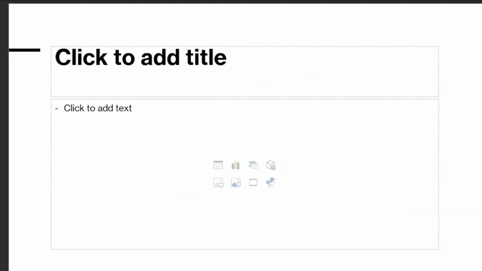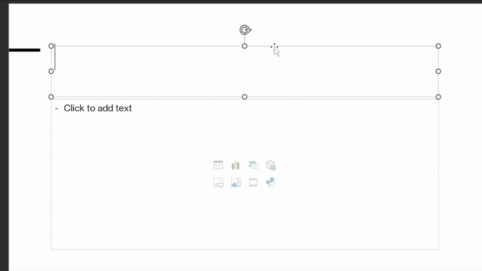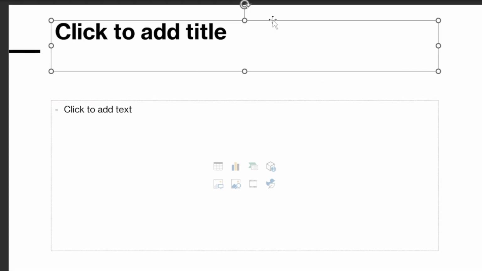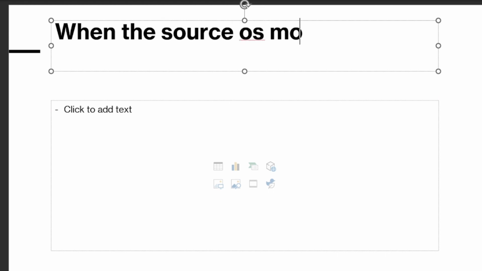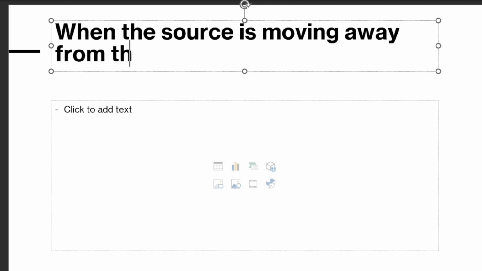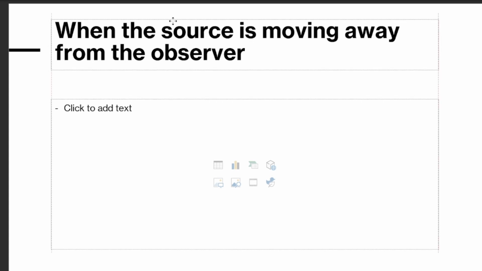Let's go to the next condition. Let me write the heading here: when the source is moving away from the observer.